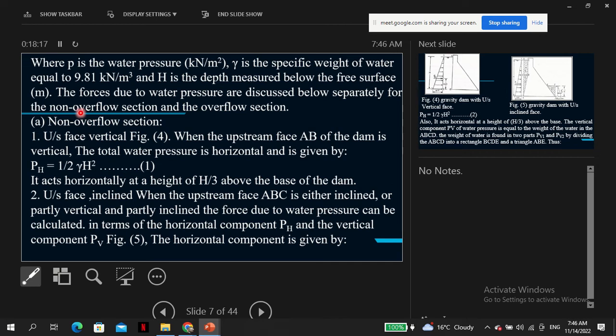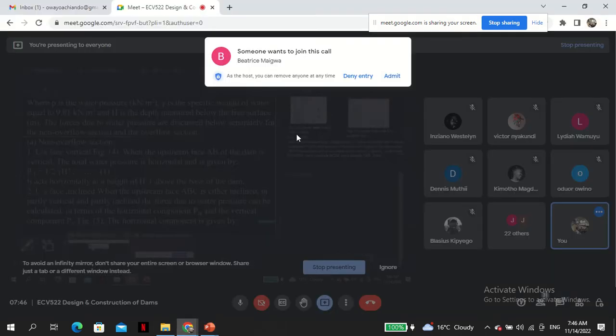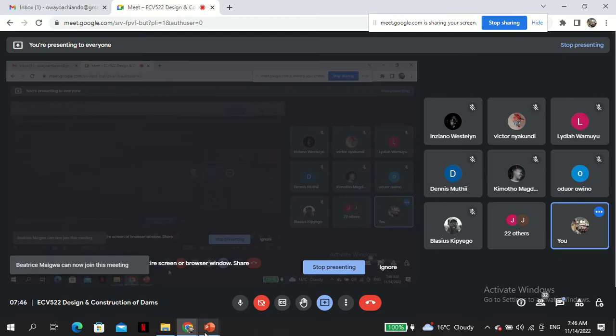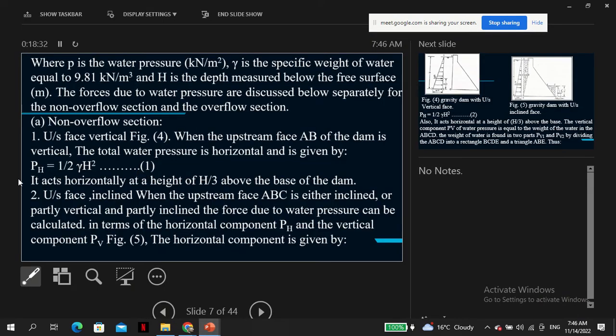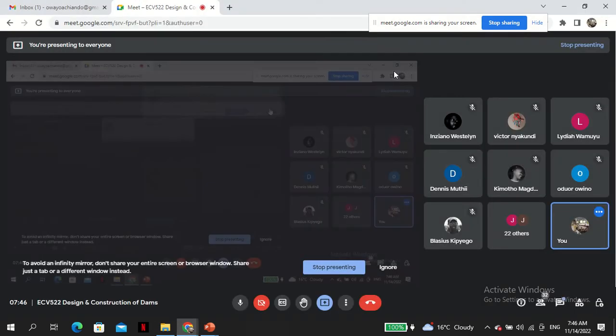The forces due to pressure are discussed below separately for non-overflow section and overflow section. So this is just laying groundwork for the design later on.